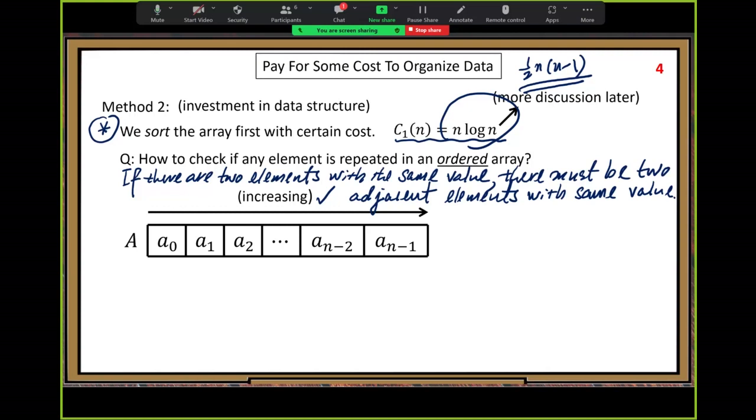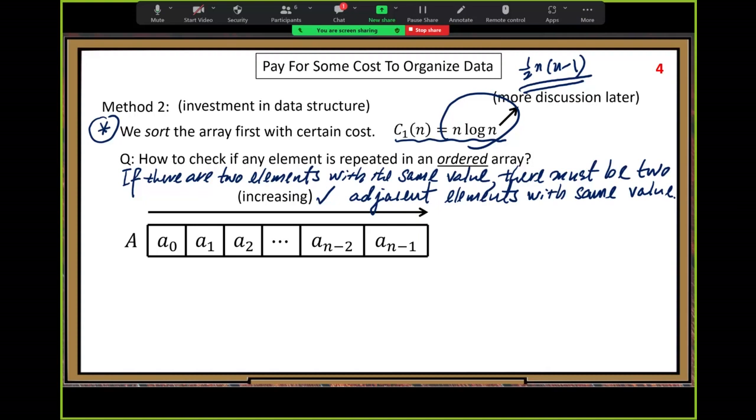Think about it: if you have a few elements in the original array with the same value, after sorting, you will put all of them in consecutive locations. There must be at least two adjacent elements with the same value, right? Yeah, that observation is the critical property. That's simple.